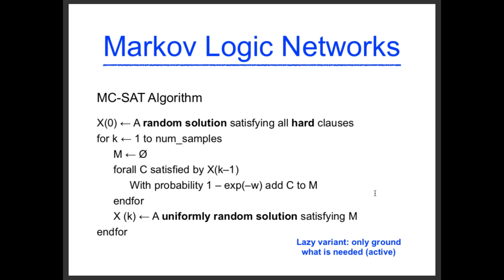As long as you build the set M, at the beginning you only have the clauses which are satisfied, so not necessarily you need all of them, and you incrementally build the ground network. Sometimes it works, sometimes you end up building the whole network again.